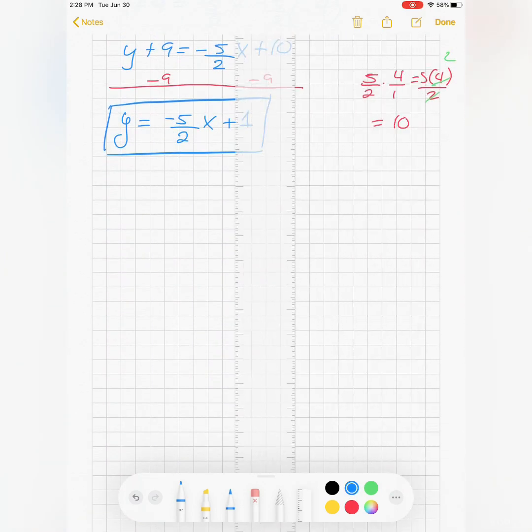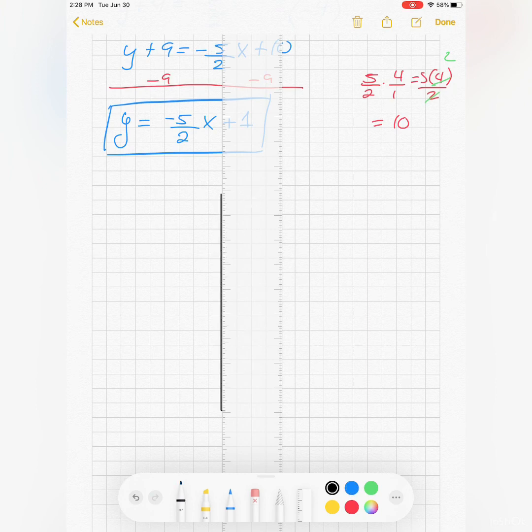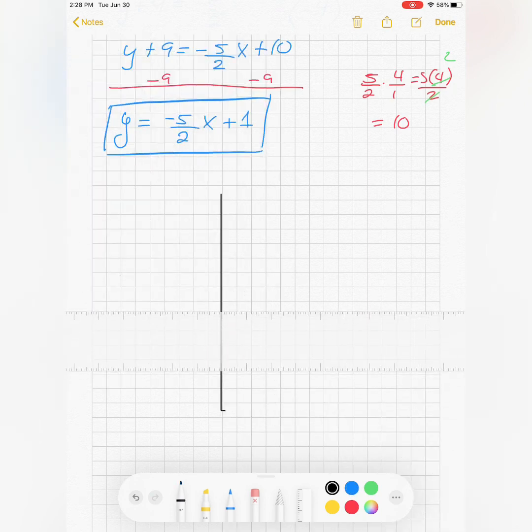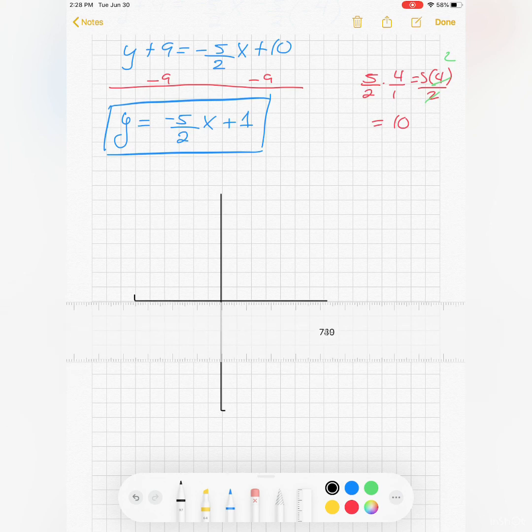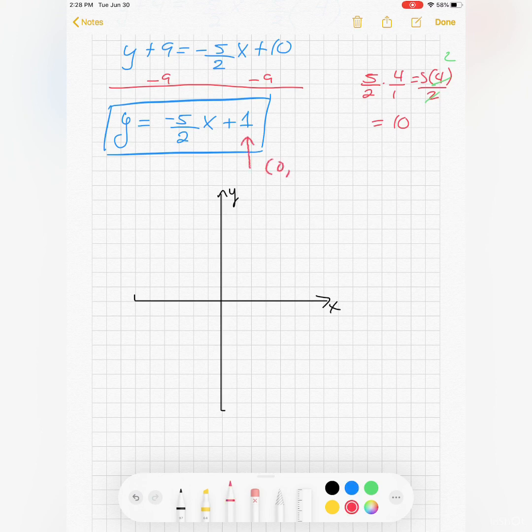I guess we can graph one more. Why not? The y-intercept, the slope.